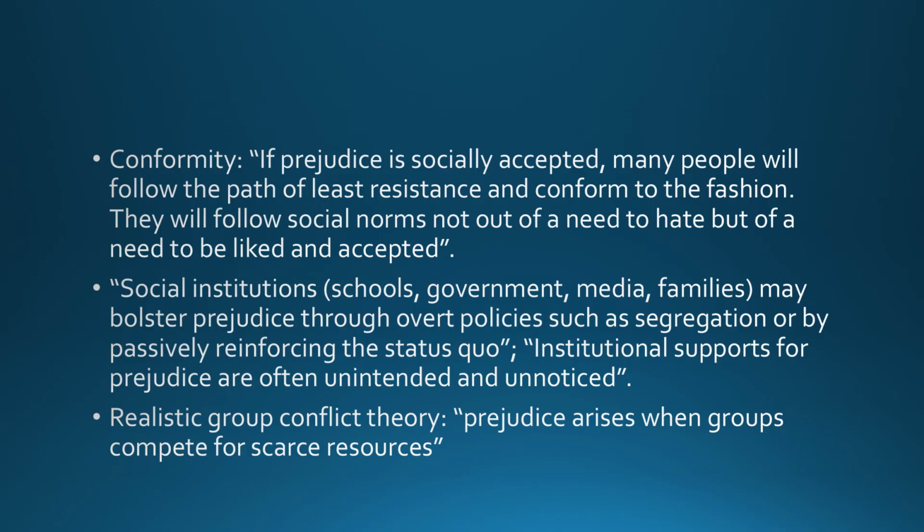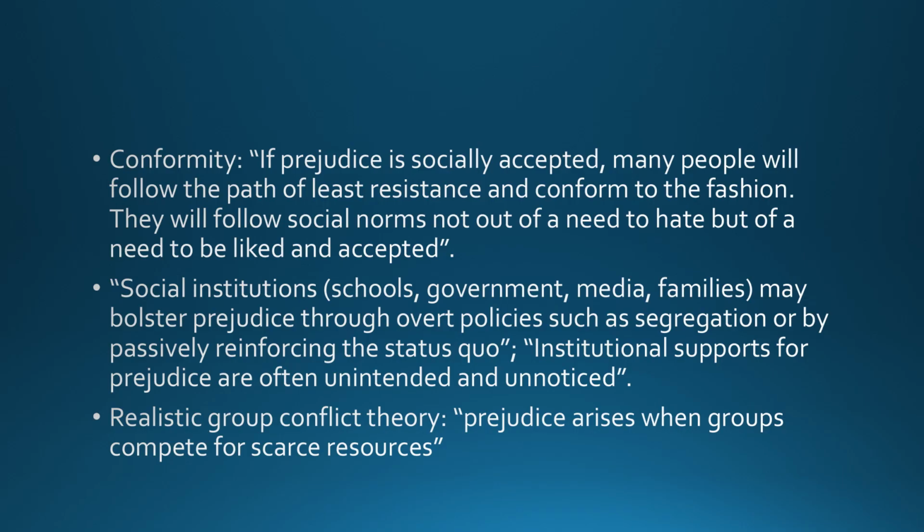Social institutions, which could include schools, government, media, or families, may bolster prejudice through overt policies, such as segregation, or by more passively reinforcing the status quo. Institutional supports for prejudice are often, as previously mentioned, passive, which means they're unintended and unnoticed.